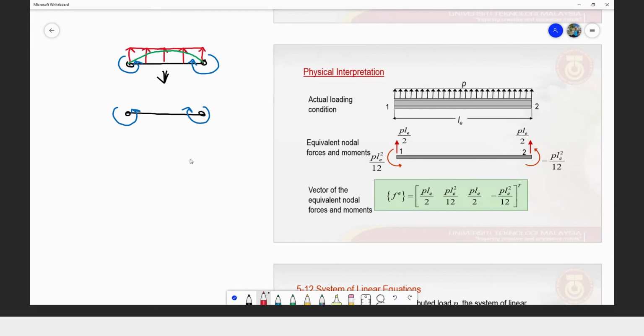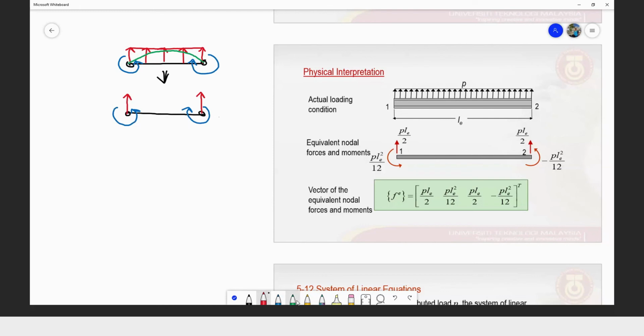So these two points here have the degrees of freedom to move in the upward direction. So physically, ini adalah arah moment dengan arah daya, the equivalent. Okay. Tapi kenapa kita lukis tadi semua dalam arah lawan jam? Kan?